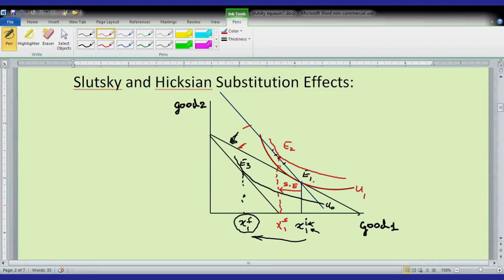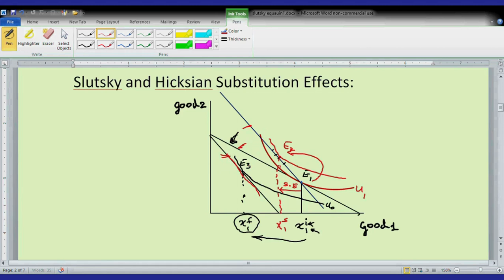So as a result of the substitution effect, we move from here to here, and if I take the compensation back, the withdrawal of this compensation brings us back to the second budget line. This is like saying that the movement from E2 to E3 is associated with a decrease in income. This blue budget line and budget line 2 are identical in terms of relative prices, but different in terms of purchasing power or income.